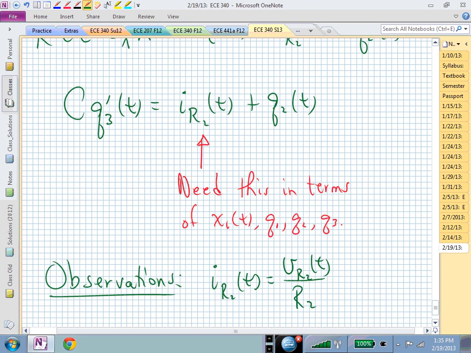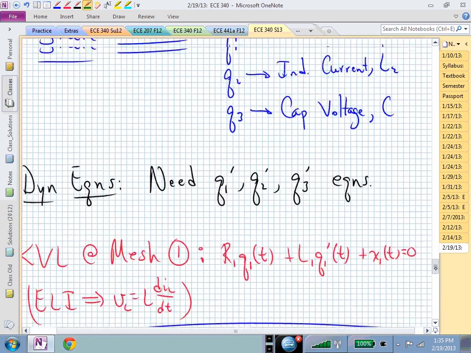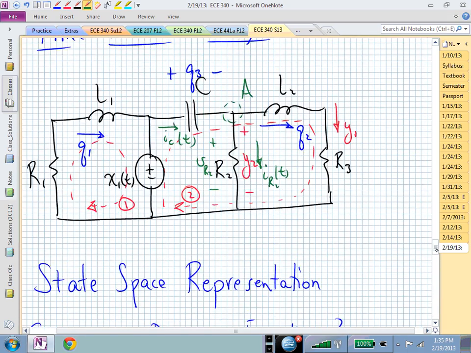But now can I find V sub R sub 2 in terms of state variables and inputs? Now if I look at this mesh here, I have a KVL saying minus x1 plus q sub 3 plus V sub R sub 2, and there I can now solve for V sub R sub 2 in terms of x1 and q sub 3. The middle mesh is now coming back to help me.